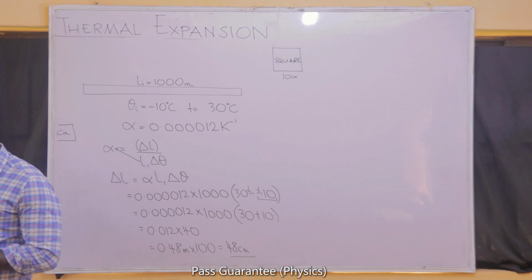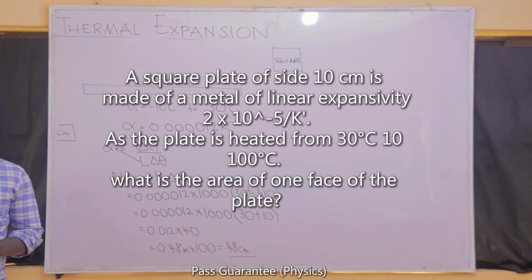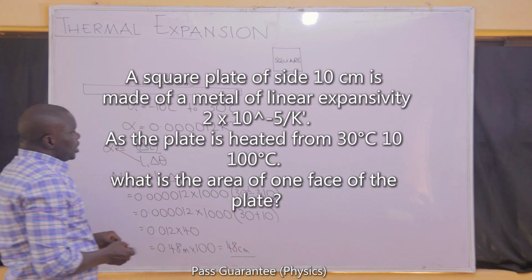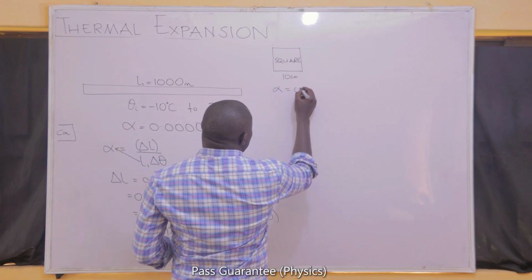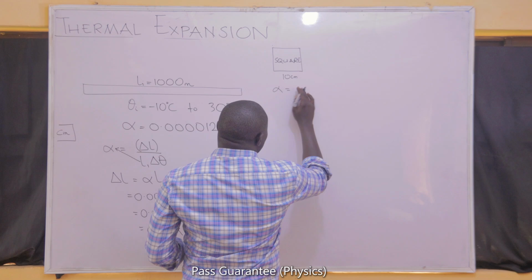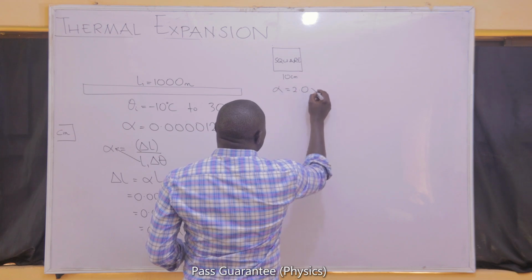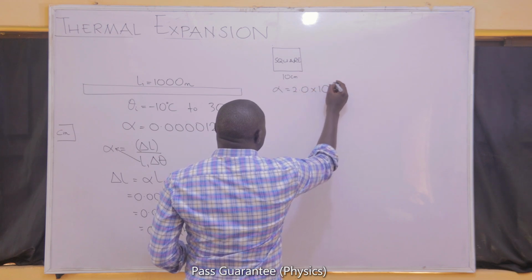A square plate of side 10 centimeters is made up of a metal of linear expansivity 2 times 10 raised to power minus 5 per Kelvin. The linear expansivity of the material that has been used to make this plate is 2.0 times 10 raised to power minus 5 per Kelvin.